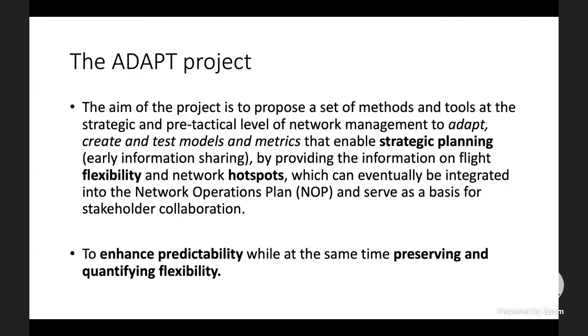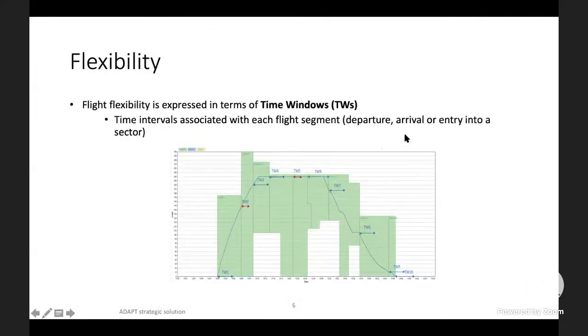So it's quite a complex background. Flexibility in this project is defined in terms of time windows, so time intervals associated with each flight segment, because the flight route is divided into a set of segments, starting from departure to arrival, with some points that mark the entry into given sectors.